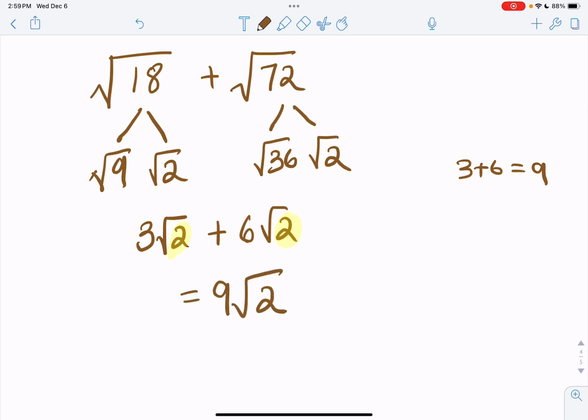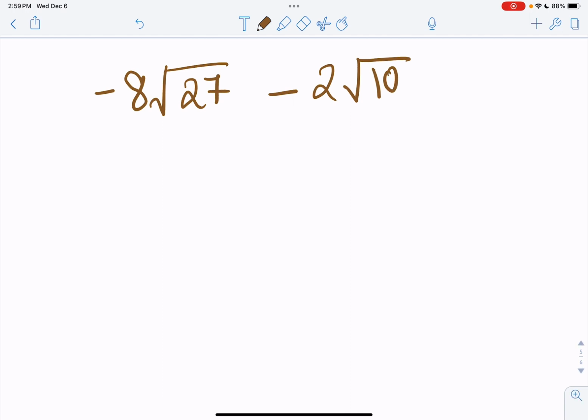And this is the same idea with adding and also with subtracting. So let's say I had something just a tad bit different. Negative 8 radical 27 minus 2 radical 108.